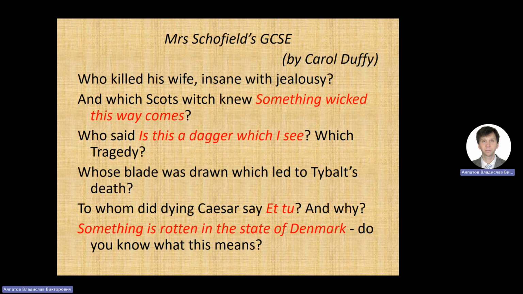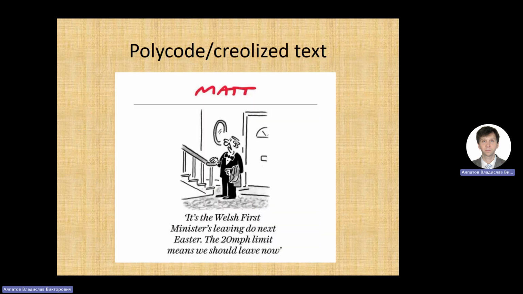To whom did dying Caesar say "et tu"? To Brutus, right. "Something is rotten in the state of Denmark." Hamlet, не все ладно в королевстве датском. So these are allusions which English school children have to recognize. And of course, it is useful for us to recognize as well, because they're part and parcel of British culture.